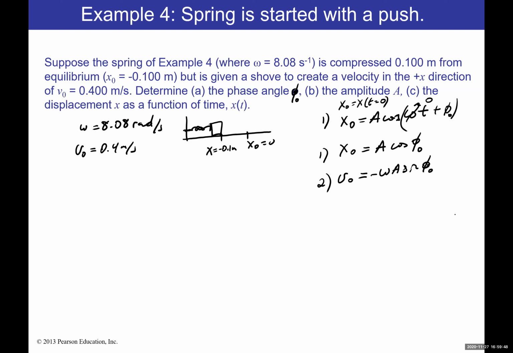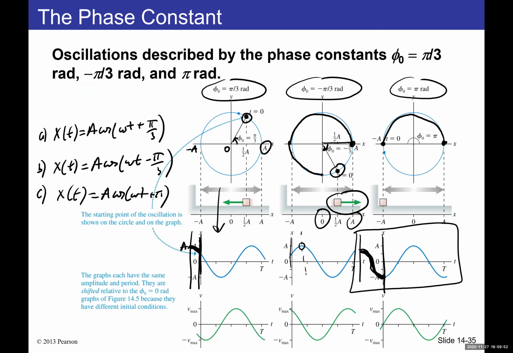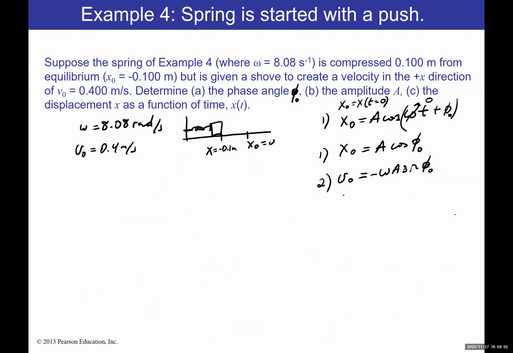Now, one of the things we can do here: if I rewrite equation 1, A cosine phi naught, and equation 2, what I do is divide 2 over 1.